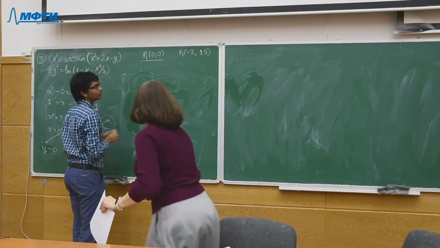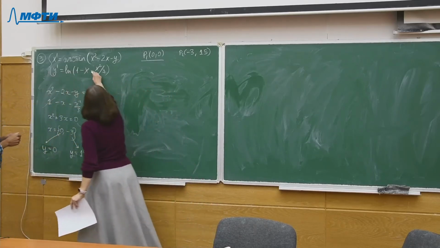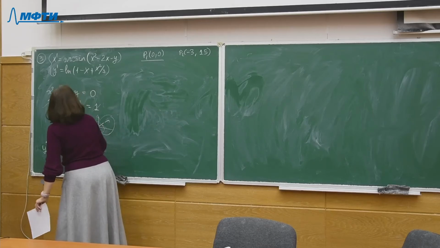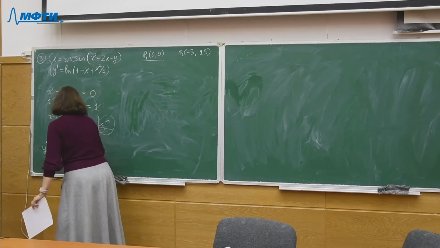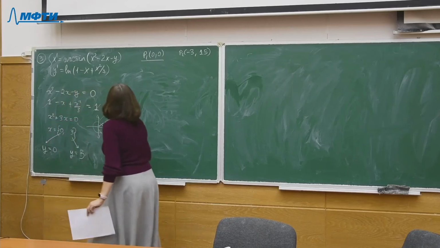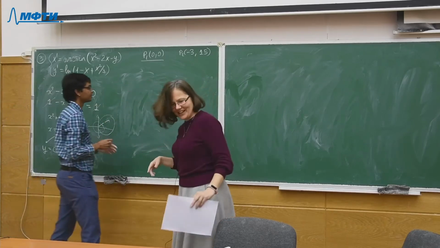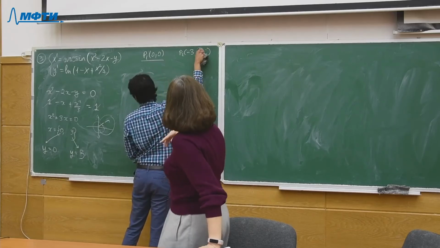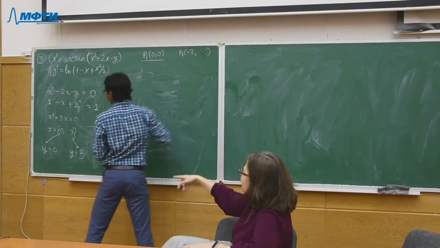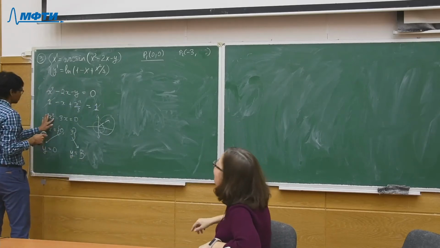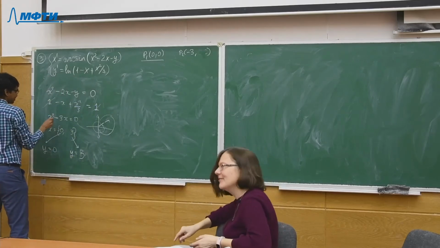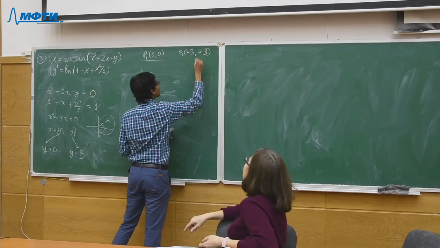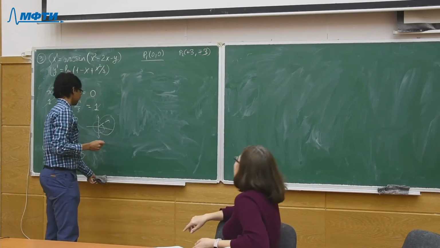Oh, sorry, I'm mistaken. So this is my mistake. Plus, and then it is equal to 3. So it will be plus 3 and 3, because I have changed the sign. It will be -3, and then plus 3. Plus 3 and plus 3, yes.